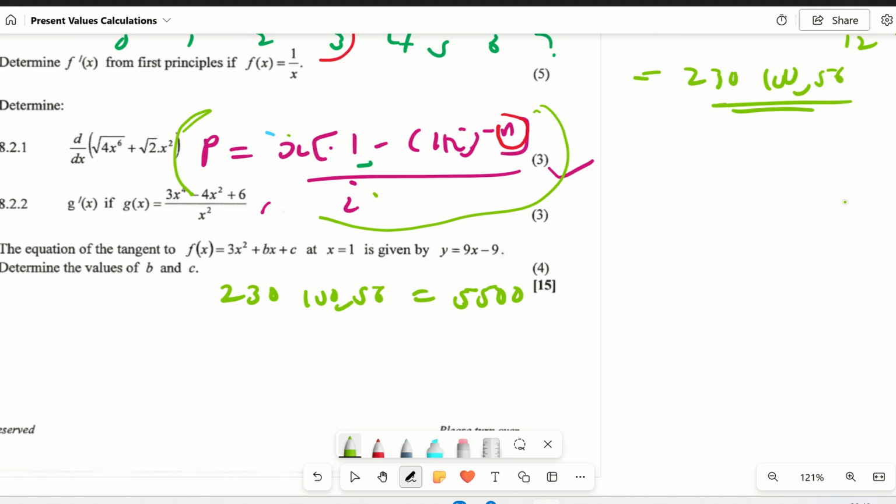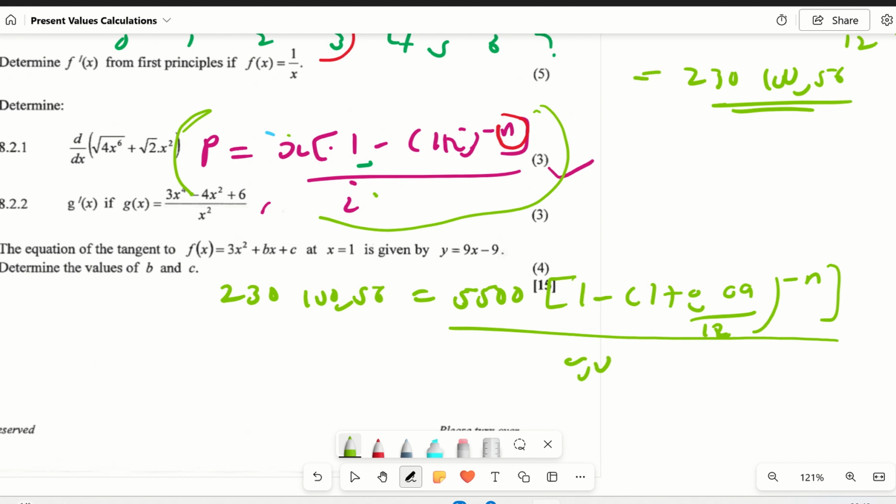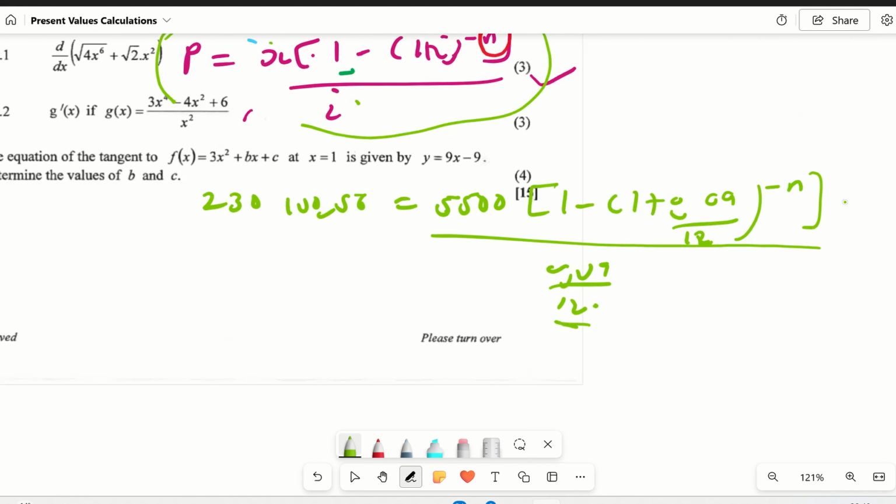Then you have 1 minus 1 plus 0.09 over 12 to the power minus N, over 0.09 over 12. Okay, you cross multiply. Can you guys cross multiply and tell me what this and this give me?